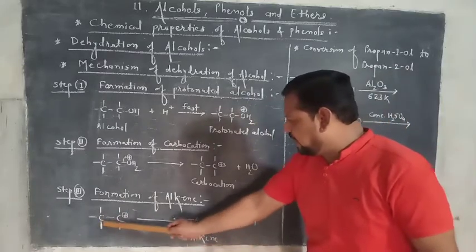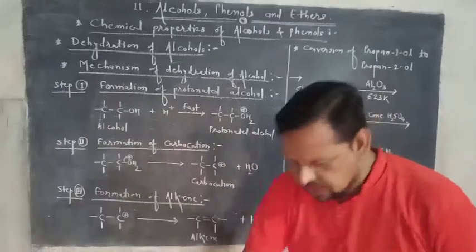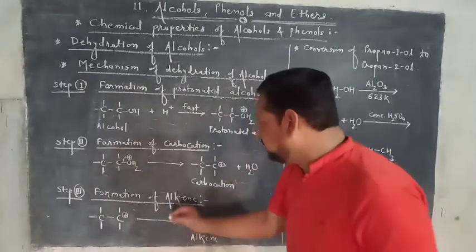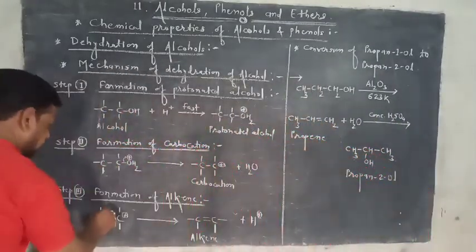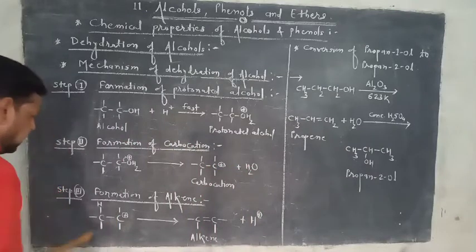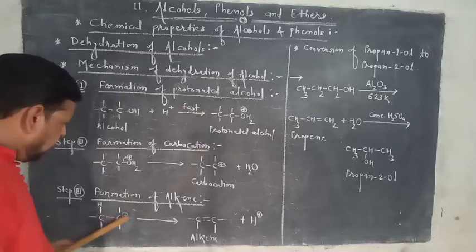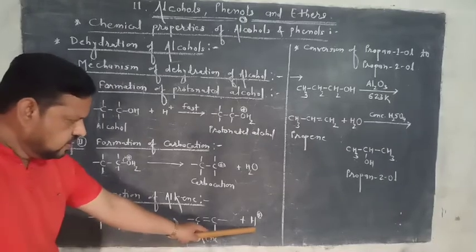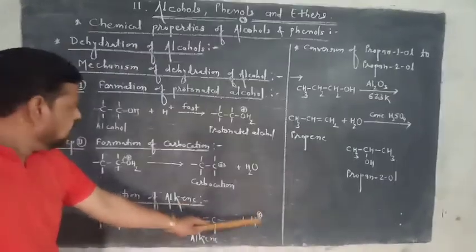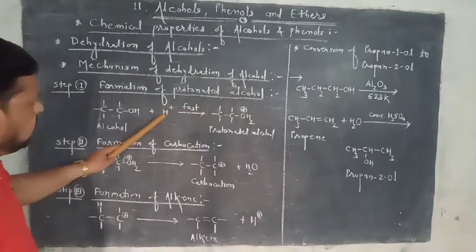From this carbocation, one of the hydrogens is removed and it gives alkene. And this H+ ion is regenerated again.